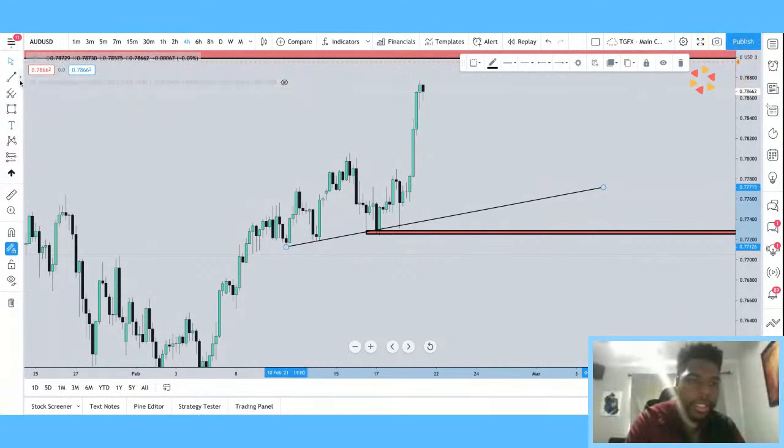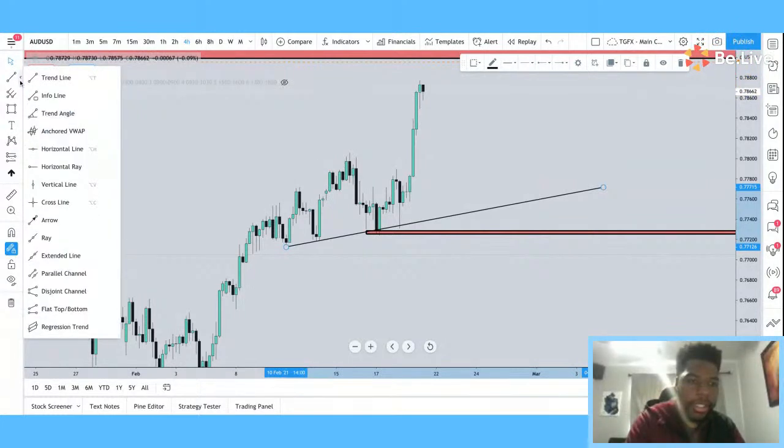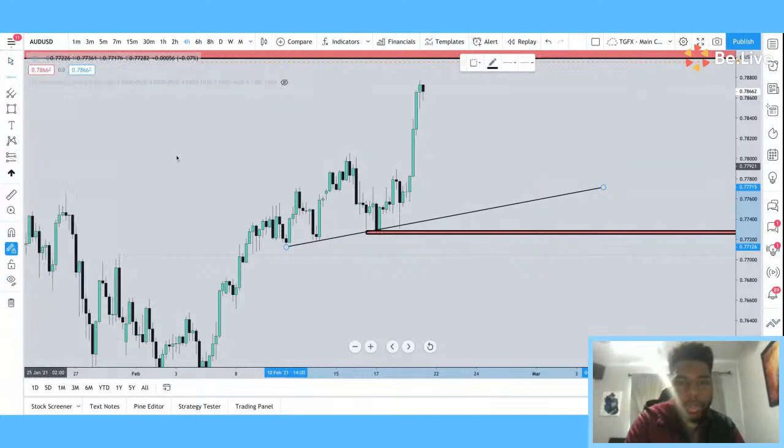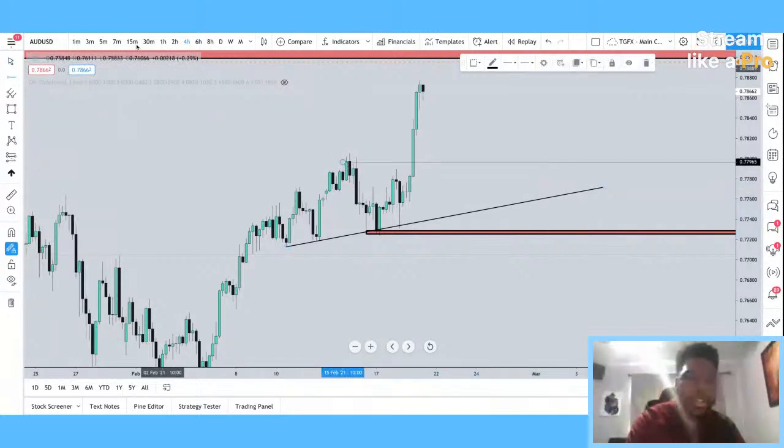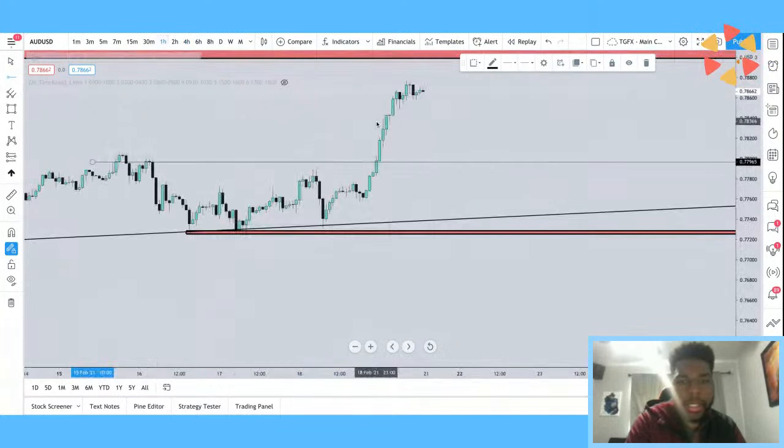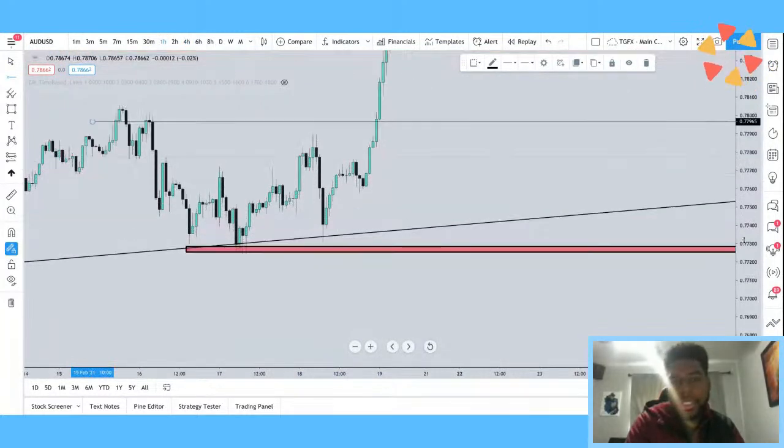Most likely what we could see is price potentially maintain the last level of resistance on the daily time frame in the H4 and use that as support now. So potentially we can see price pull back to here, make a pattern somehow, and then push back up. Or we can see price maintain and just push back up to this zone before we get any kind of pullback. Now you can see that price currently is still maintaining higher lows even on the H1 time frame.